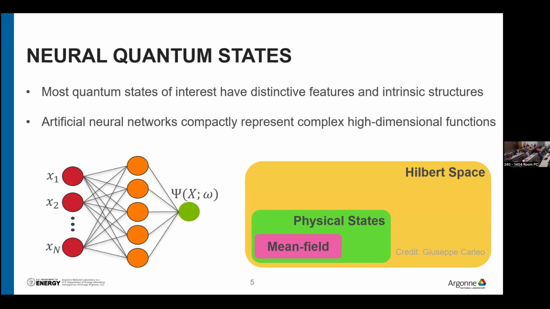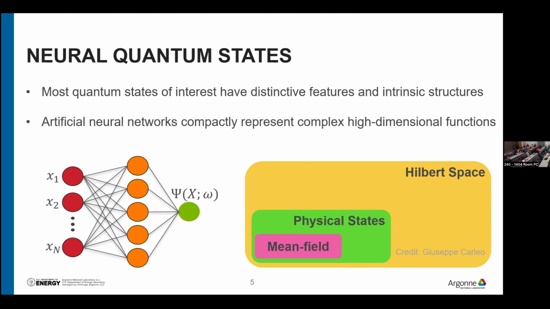Additionally, neural networks can compactly represent very high-dimensional functions. So taking these together, if we represent our wave function by some architecture of neural networks that I'll go into in later slides, given by this little cartoon picture in the bottom left, we can take advantage of this and hopefully represent these physical states of interest without the exponential scaling.